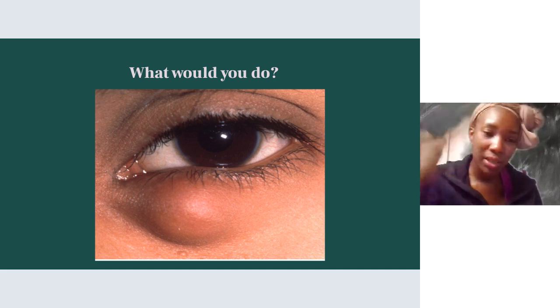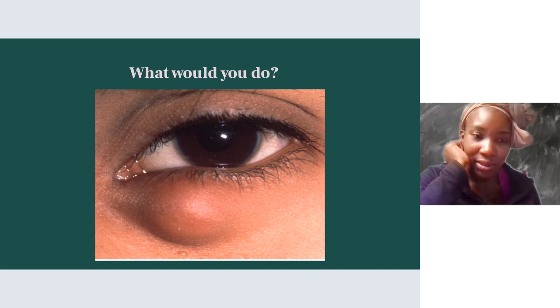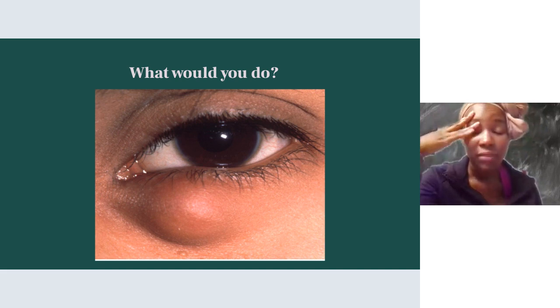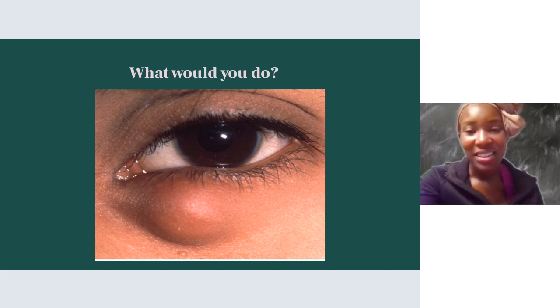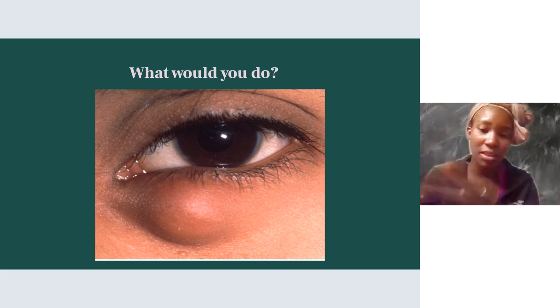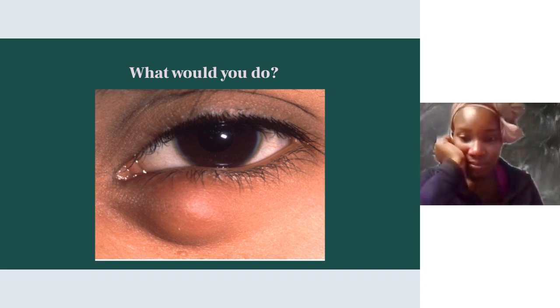It's almost like where the white and the, God, I can't find my words tonight. I'm so sorry. Iris, that's what it's called. Where the iris and the conjunctiva are connecting, like it's kind of overlapping.